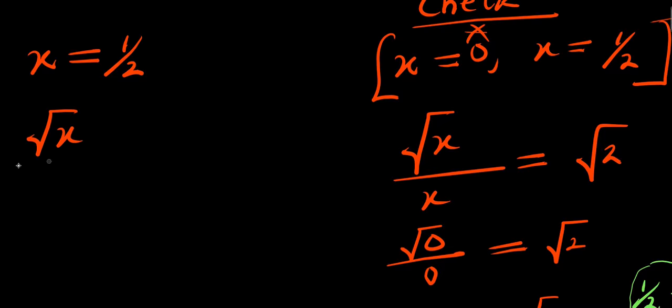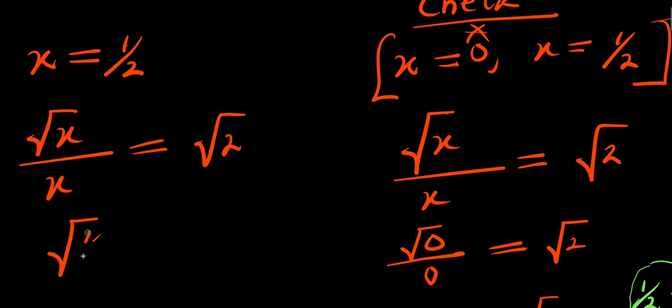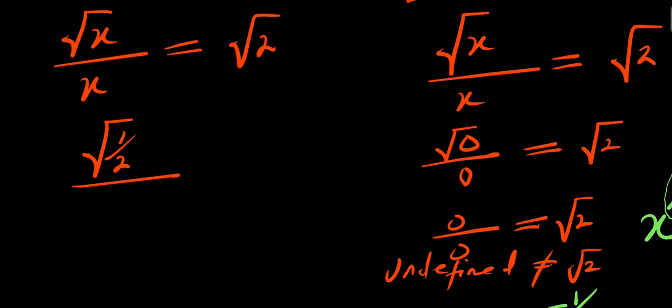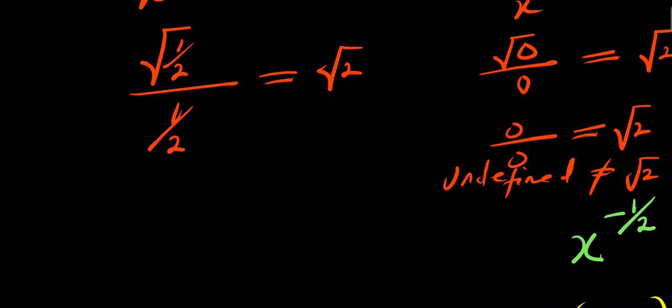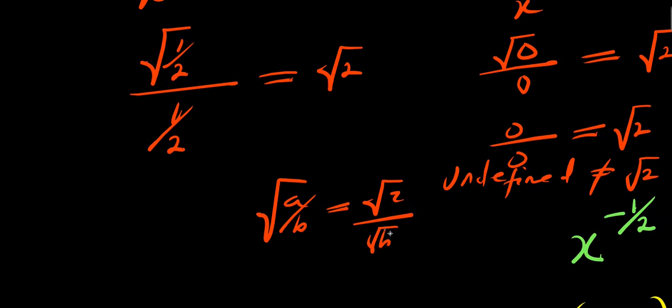I have root x divided by x equals root 2. So I have the square root of 1 divided by 2, divided by 1 divided by 2, equals root 2. So from here, if you have square root of a divided by b, this equals square root of a divided by square root of b.